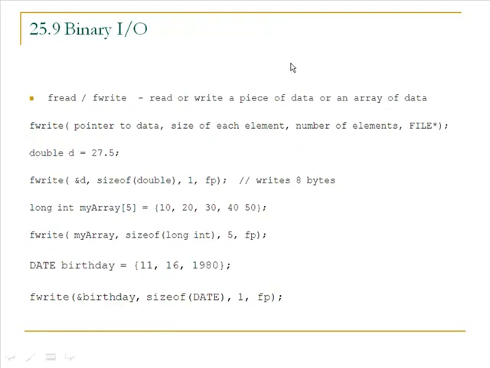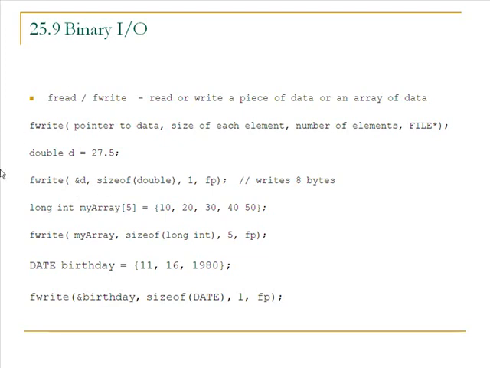So let's change gears now and start looking at binary file I/O. The file pointers are the same, and the fopen is the same, except for the mode that the file is opened in. And we're going to use different functions for doing the reading and writing.